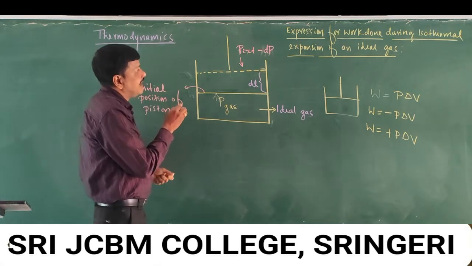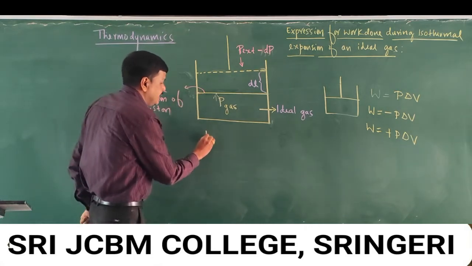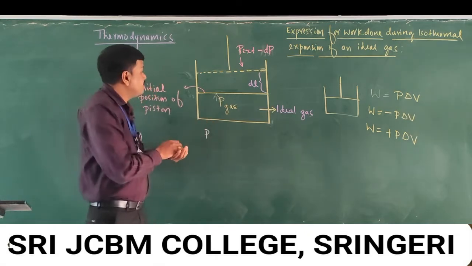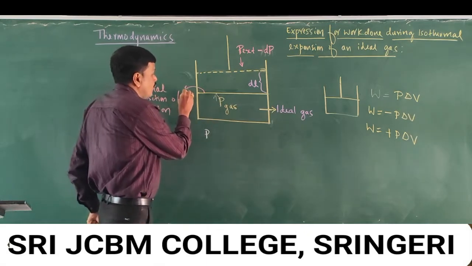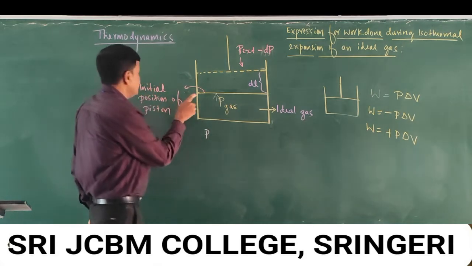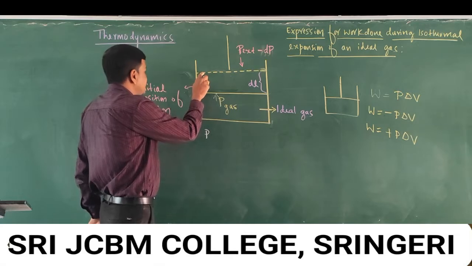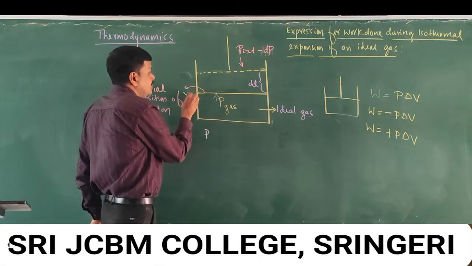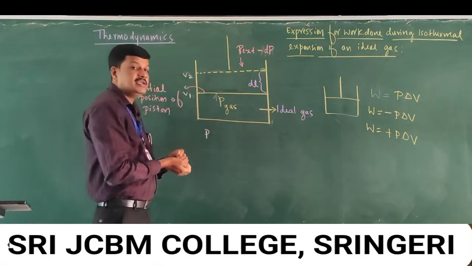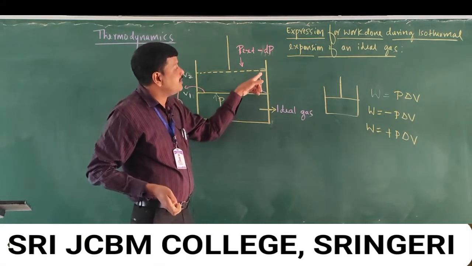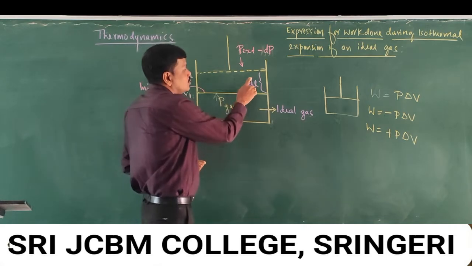Let the pressure of the gas be P. This is the initial position of the piston, and this is the final position of the piston. The distance travelled by the piston is dl.